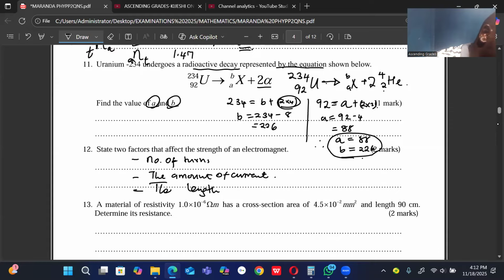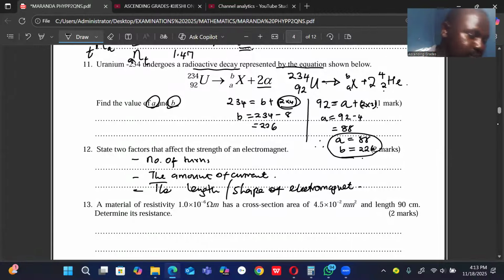The length and also the shape of the electromagnet.